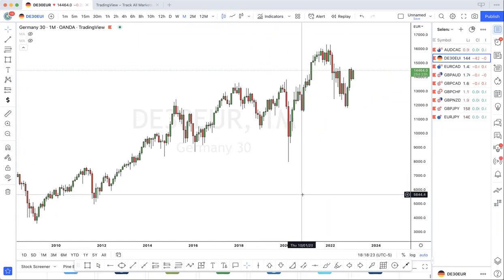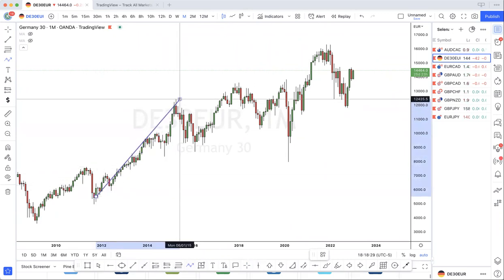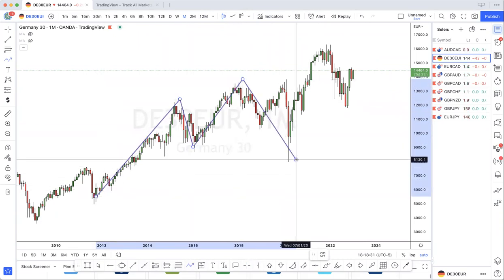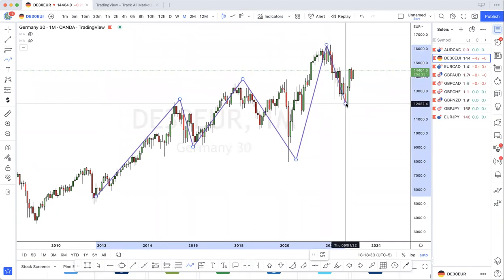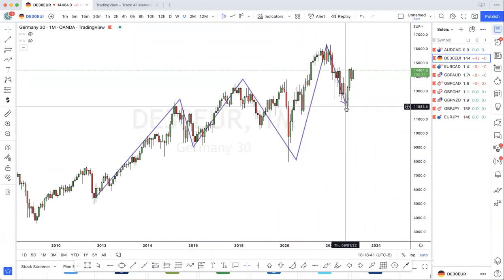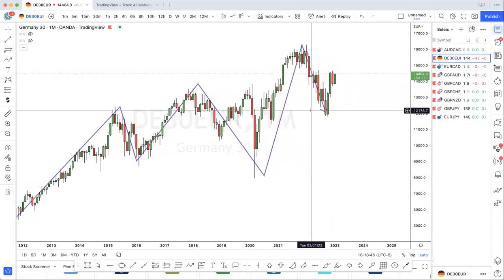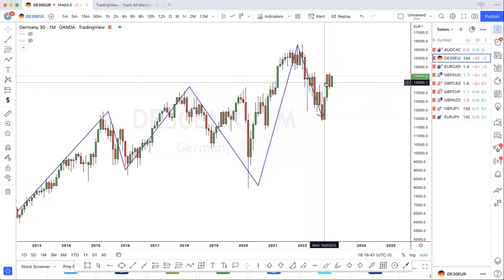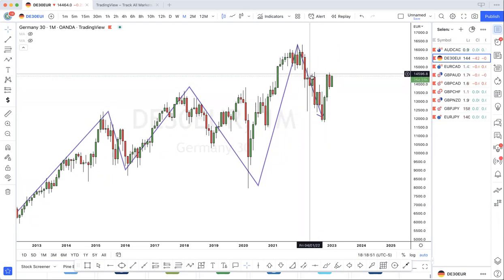Right, so now our overall market structure is bullish. We got high, low, high, low, high, low, high, low. We had an order block that got tapped in, price tapped into it, started moving and breaking structure to the top side.